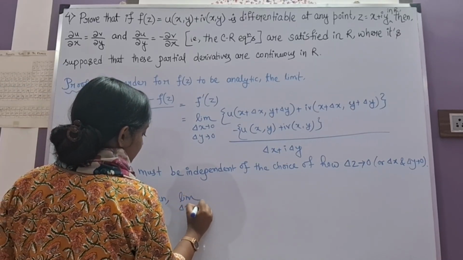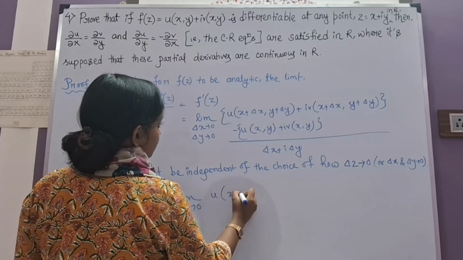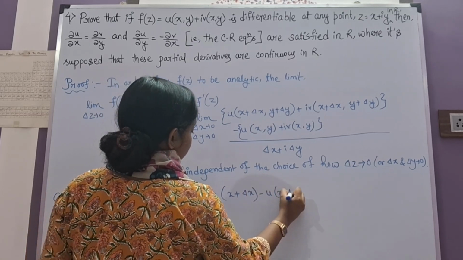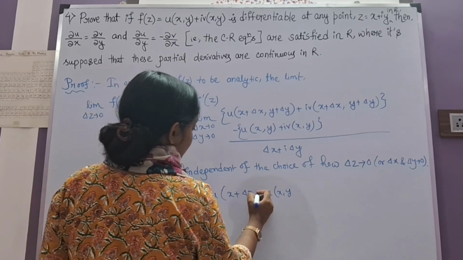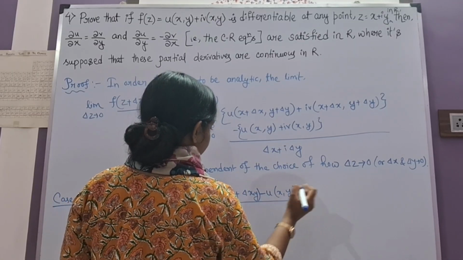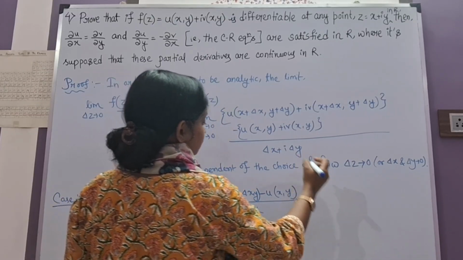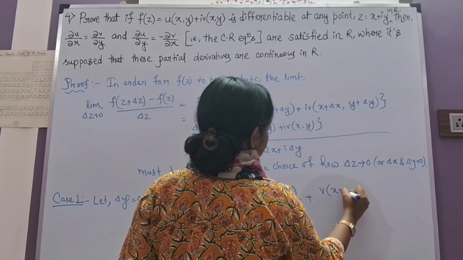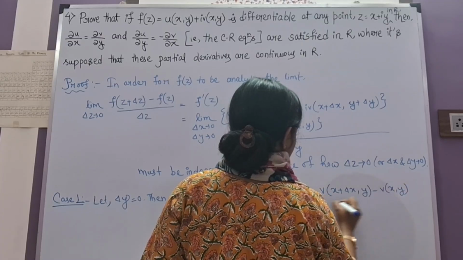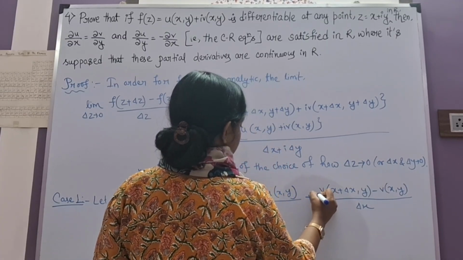Limit delta x tending to 0, [u(x + delta x, y) minus u(x, y)] by delta x plus i times [v(x + delta x, y) minus v(x, y)] by delta x.